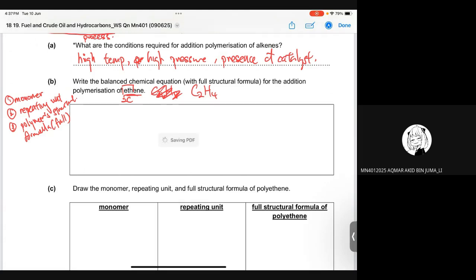How should I draw ethene? Like the structure. CC first, then 4H, like that. Not at the bottom, at the side. Okay, this one I had you draw, but for addition polymerization, we will draw at the bottom.